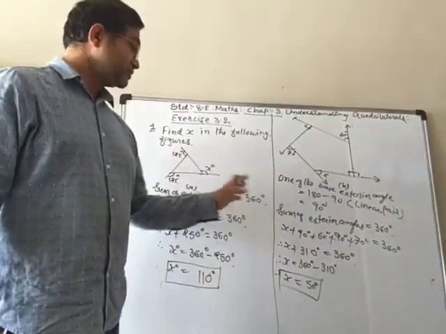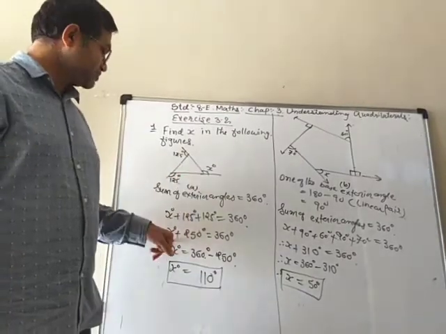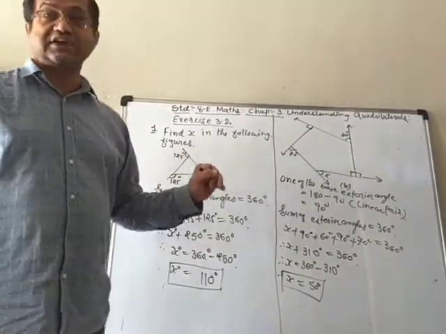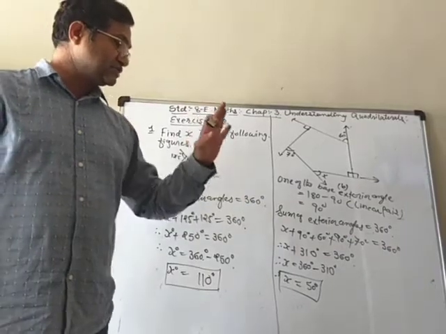So you can see that by using that property, the sum of exterior angles of any polygon is 360 degree.